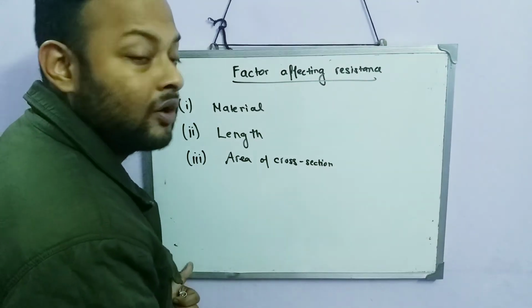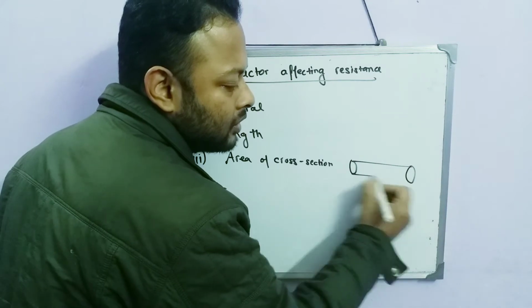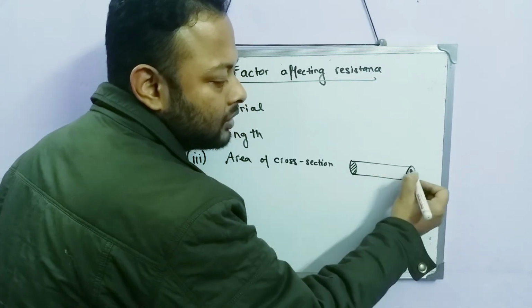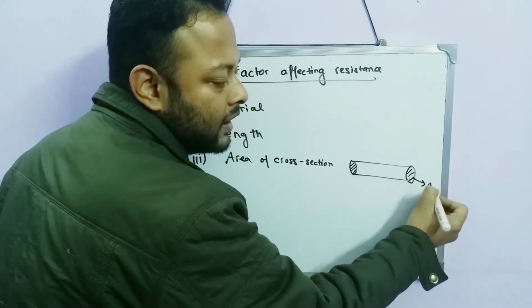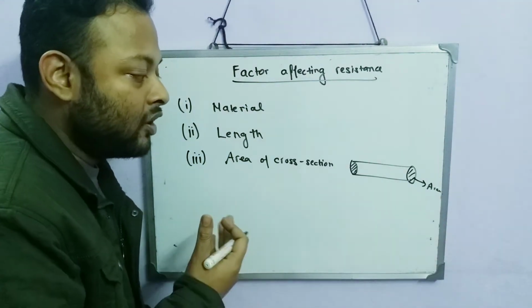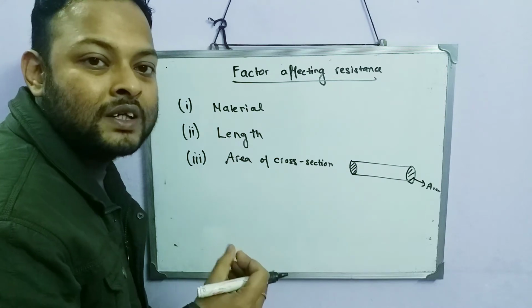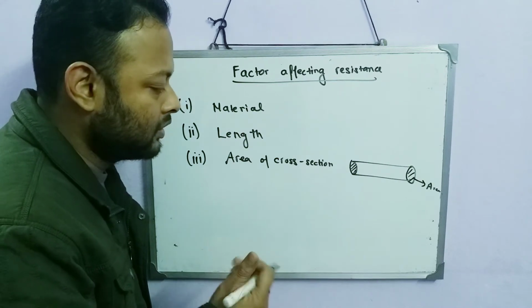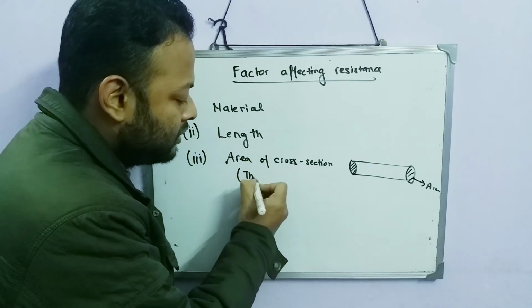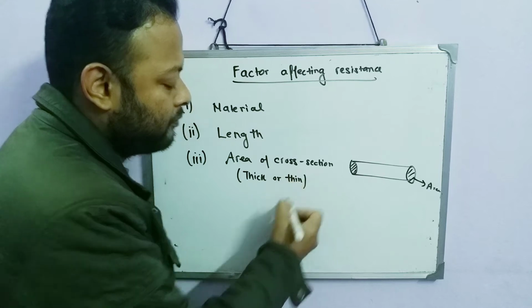If you consider this as the wire, this part is the area of cross section. So you can say area of cross section indirectly tells you whether the wire is thicker or thinner. You can write over here thick or thin.